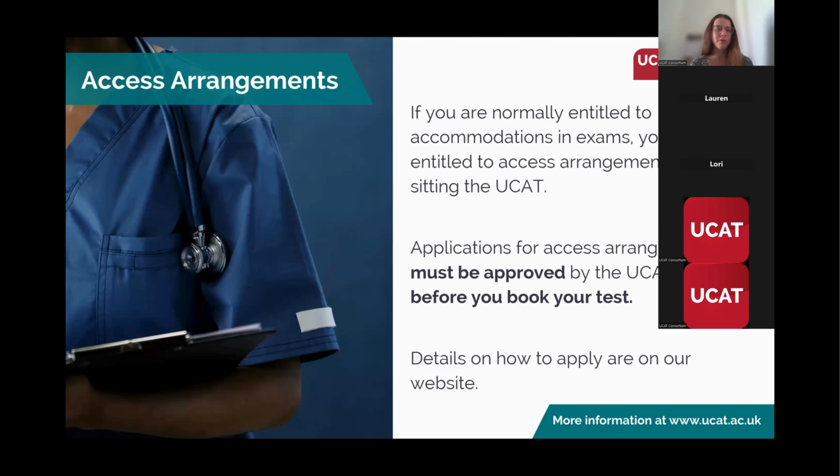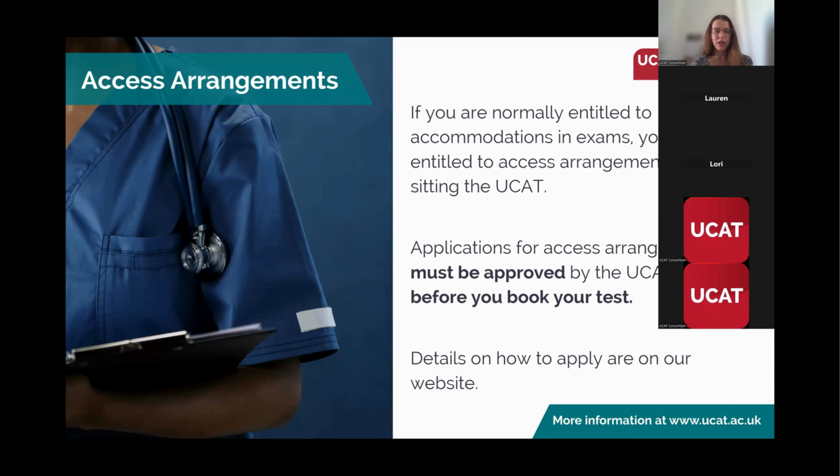Again, like your school exams, if you are entitled to access arrangements like extra time or rest breaks, you may be entitled to access arrangements when sitting the UCAT. What's really important to note is that we can't add extra time or rest breaks to a standard UCAT appointment, so these have got to be approved before you book your test.